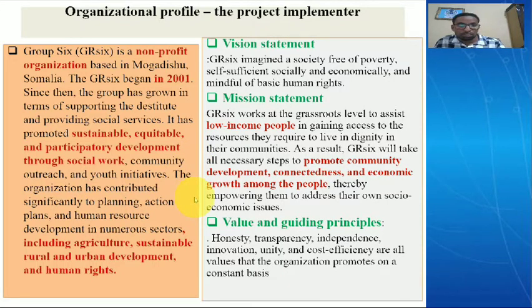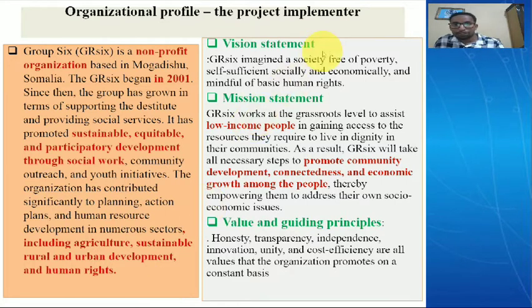Similarly, community outreach and youth initiatives. The organization has contributed significantly to planning, action plans, and human resource development in numerous sections, including agriculture, sustainable rural, urban development, and human rights.